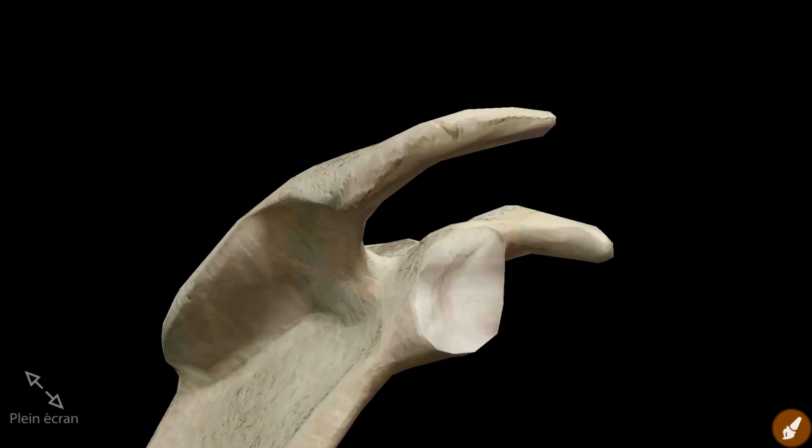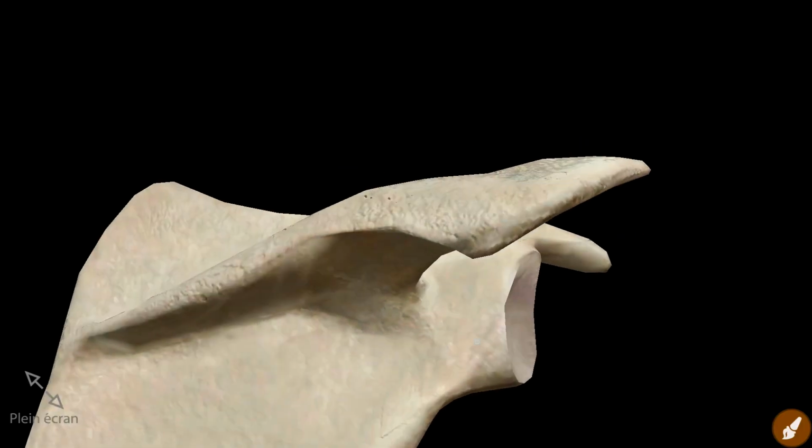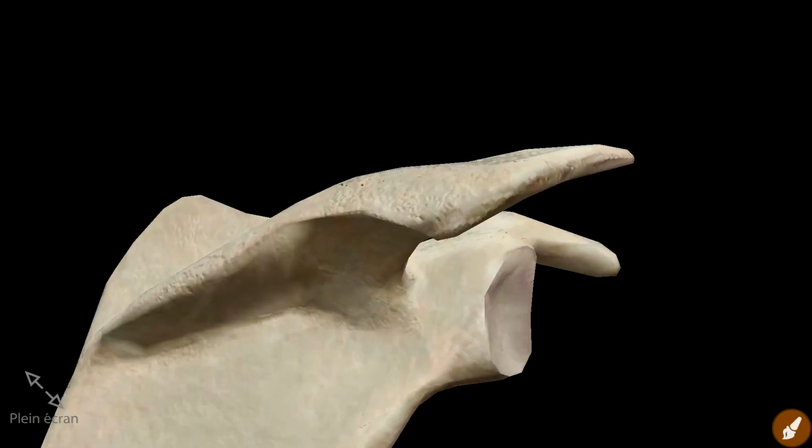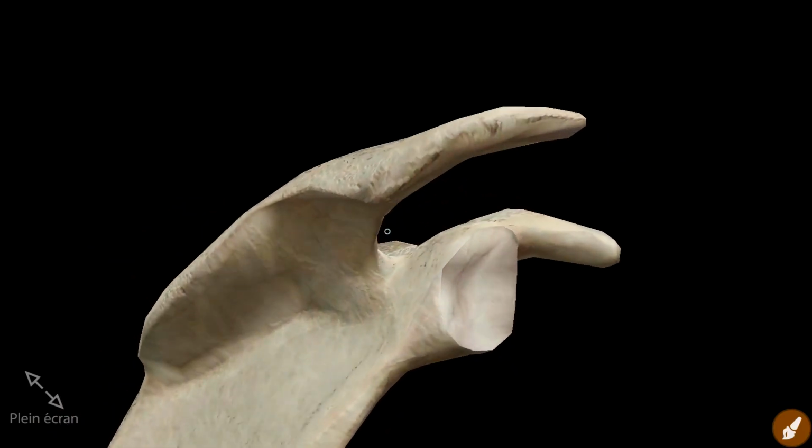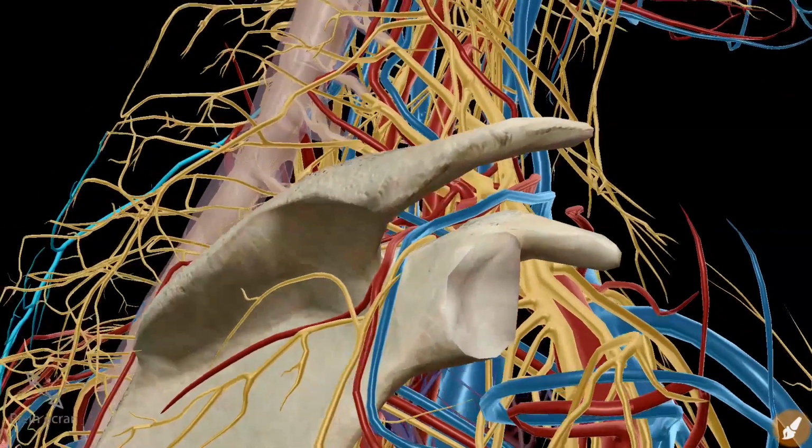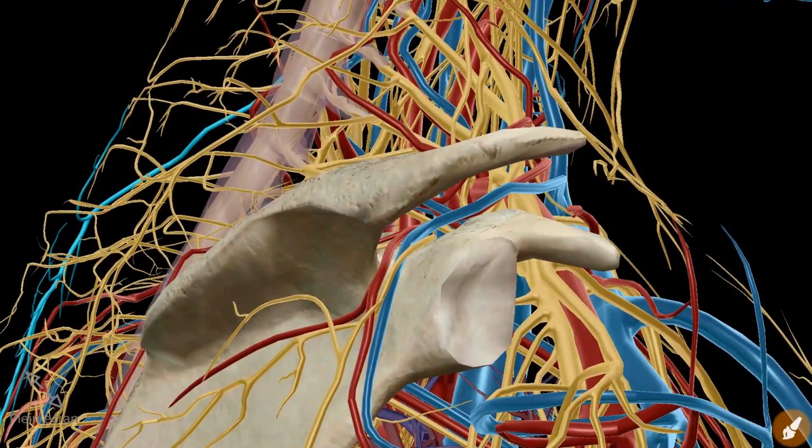The scapular spine limits, with the neck of the scapula, a certain notch, this region. So we see in this region, limited by the spine of the scapula and the neck of the scapula, three elements: the suprascapular artery, the suprascapular vein, and the nerve.